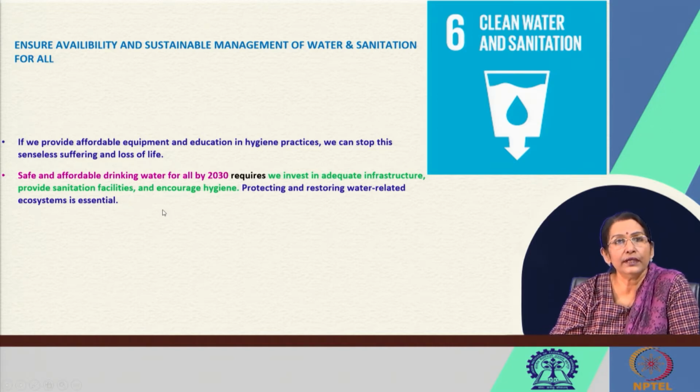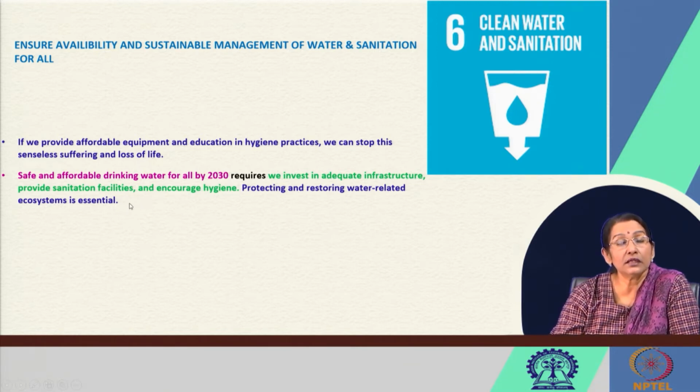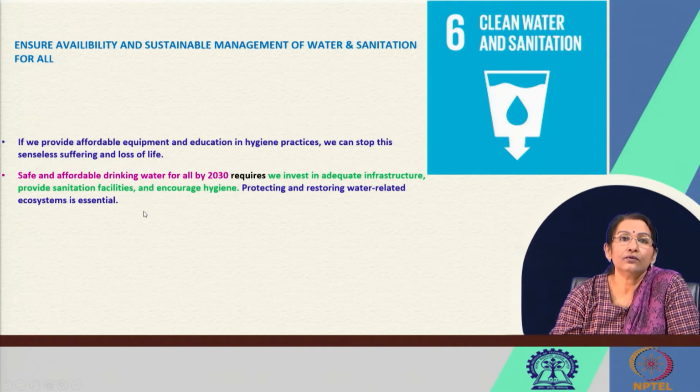So, for that we need to invest in the infrastructure, in the education, in information, even in technology development, also how to ensure that we have sufficient water and water resources, and we are sustainably using it for our basic needs and basic household uses, without wasting.